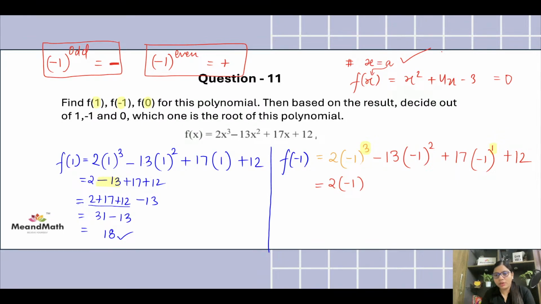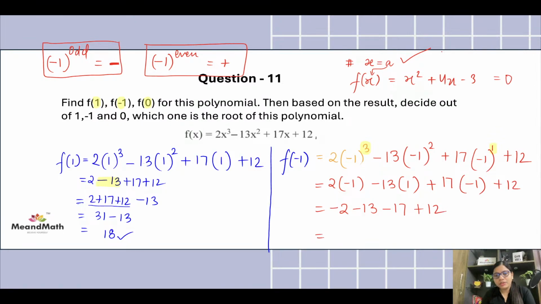This is going to be positive. Minus 1 squared will be positive. So it would be minus 13 times 1 plus 17 times minus 1 plus 12. That can be written as minus 2 minus 13 minus 17 plus 12, isn't it?